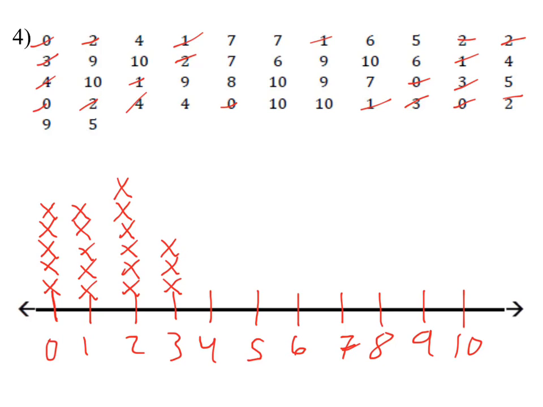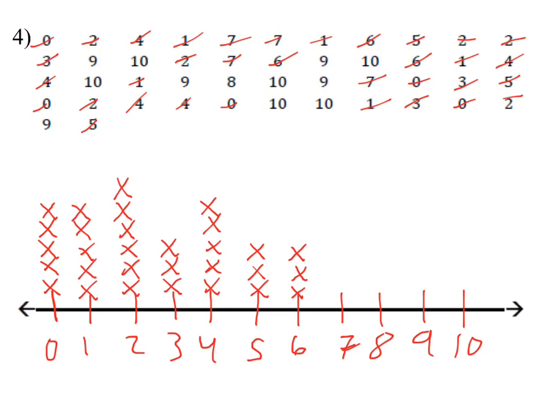And there's 5 fours. And there's 3 fives. And there's 3 sixes. And then sevens, we have 4 sevens.